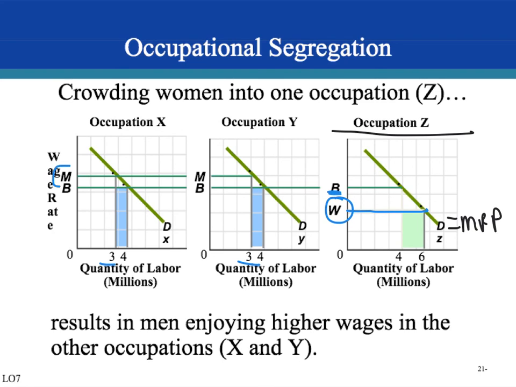And so the wage for males is higher than if there were males and females in occupation X and occupation Y. And what we see here is a loss of output, because if you remember, demand for labor is equal to the marginal revenue product.